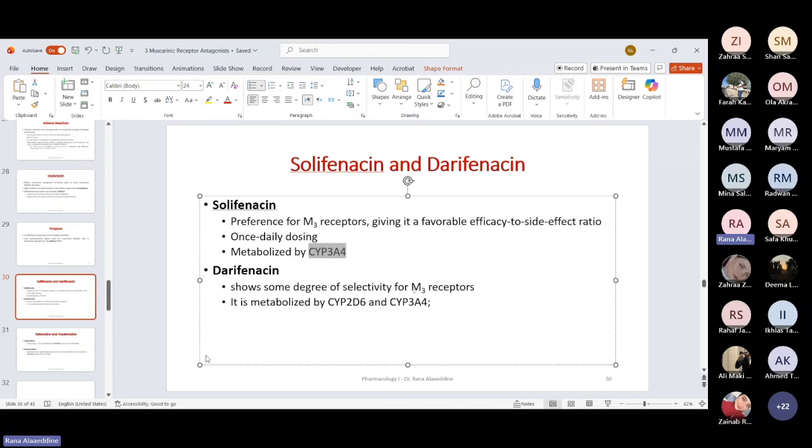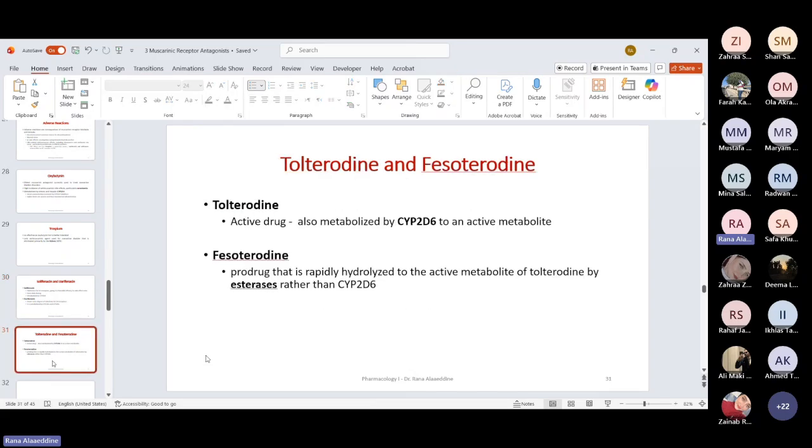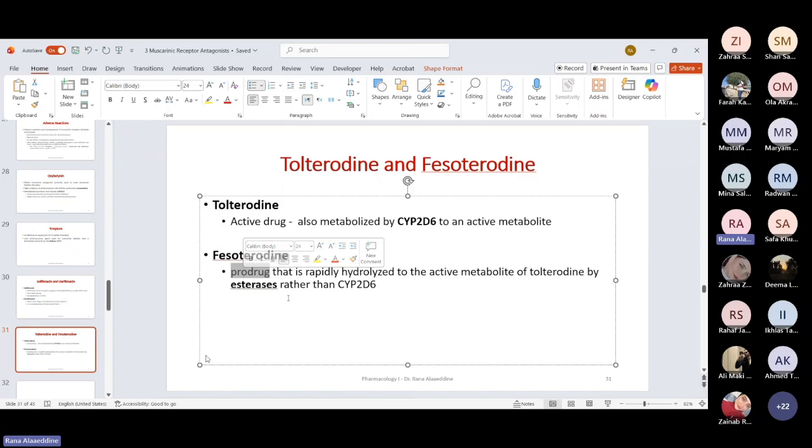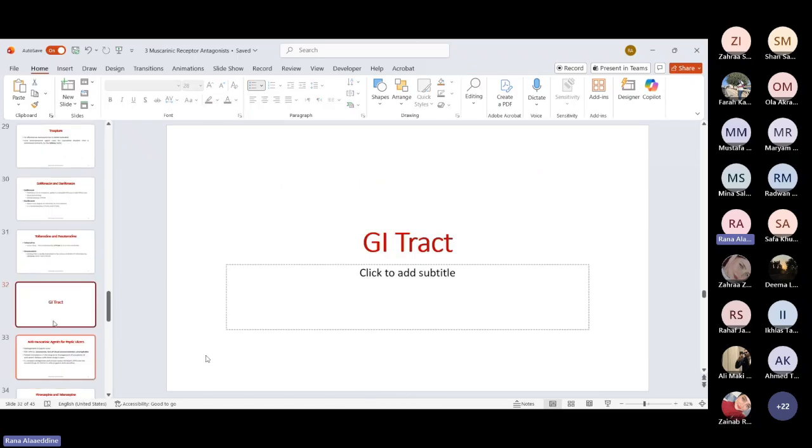Darifenacin also is selective, and it's also metabolized by 2 enzymes. Okay. Finally, these drugs, this is an active drug, and fesoterodine is a prodrug that is rapidly metabolized as well. All right. This is what I want you to know about those.